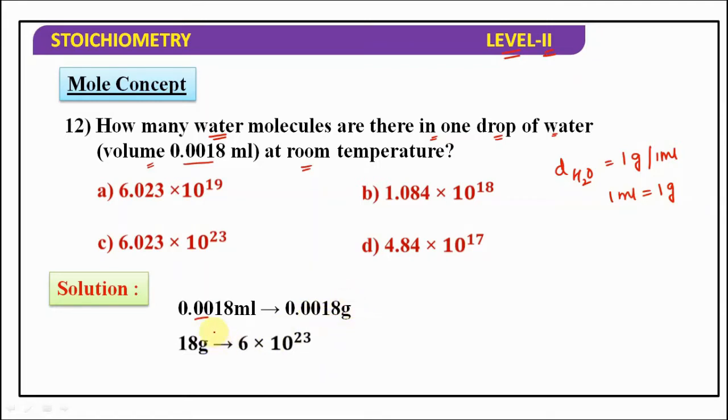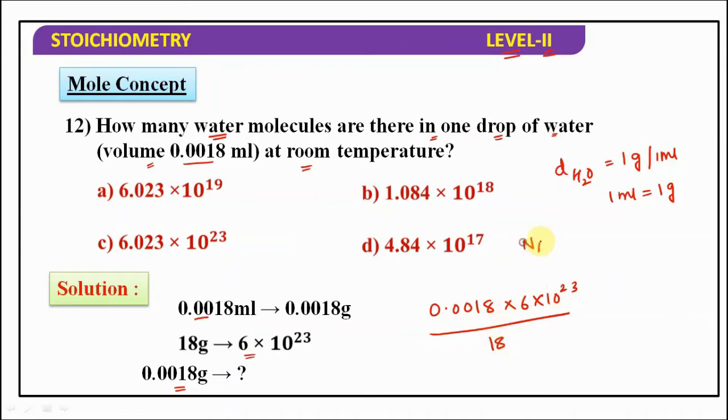Then 18 gram, in the sense, molecular weight of water. 18 gram consists of these many molecules. But how much amount do we have? 0.0018 gram consists of how many molecules? Do the cross multiplication: 0.0018 into 6 into 10 to the power of 23 upon 18.